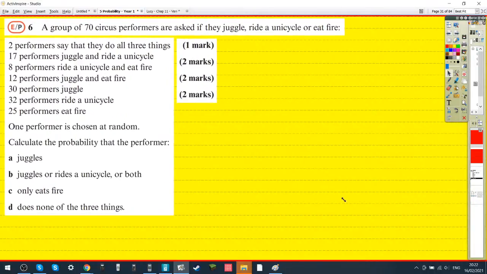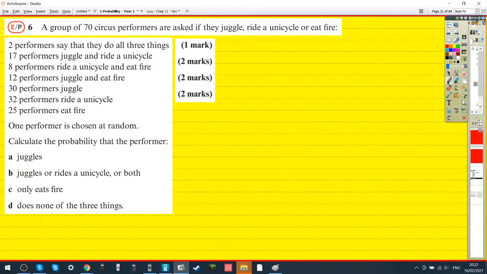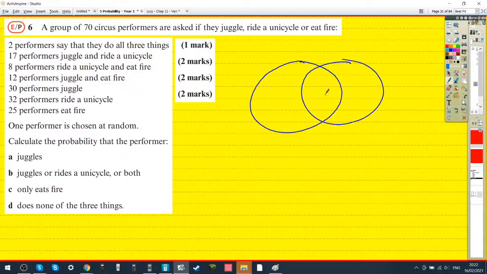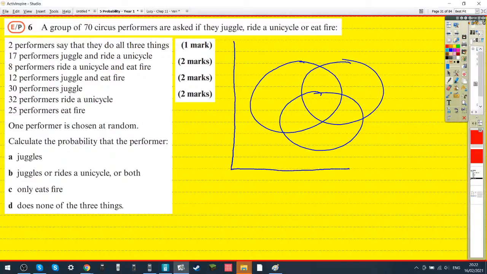So you need 3 circles, and then 2 would be in the middle. So what is this? Juggle, ride... Well, I'd say juggle, unicycle, or fire. Hey, I like this question already.